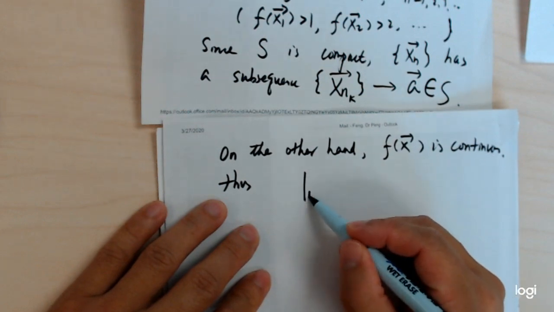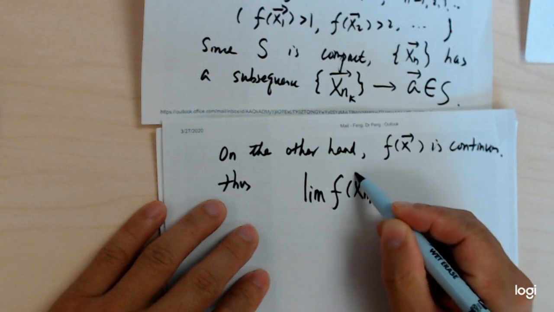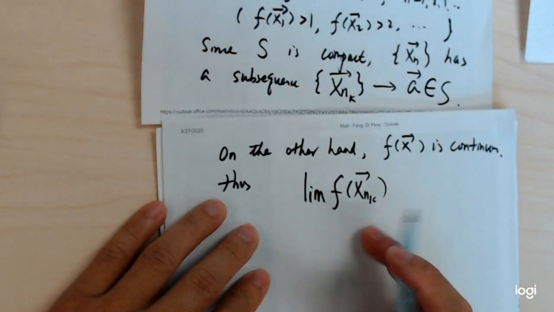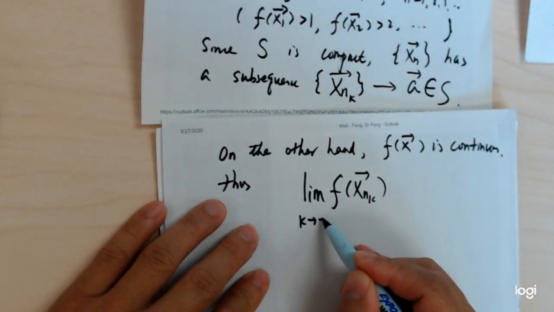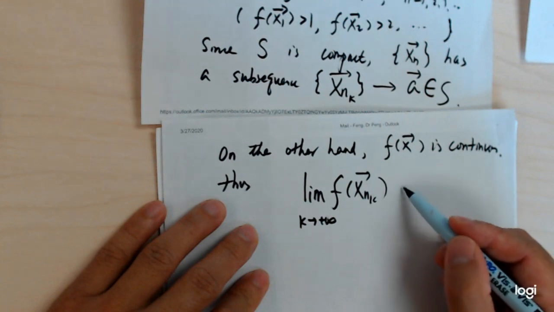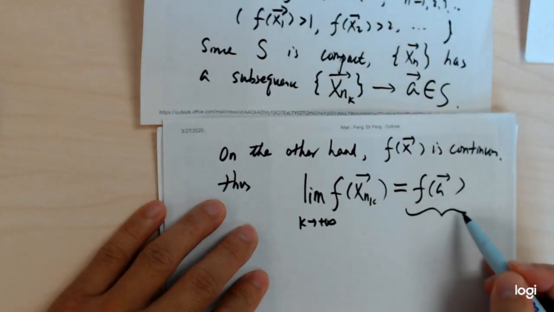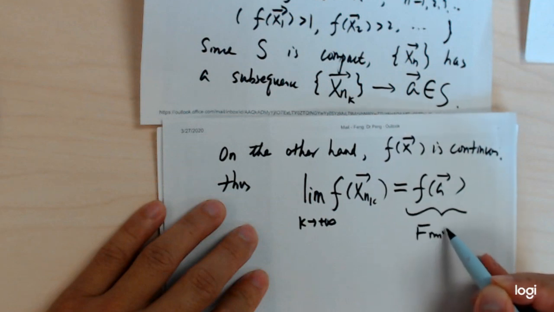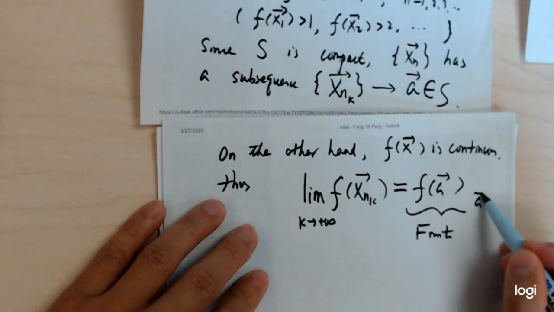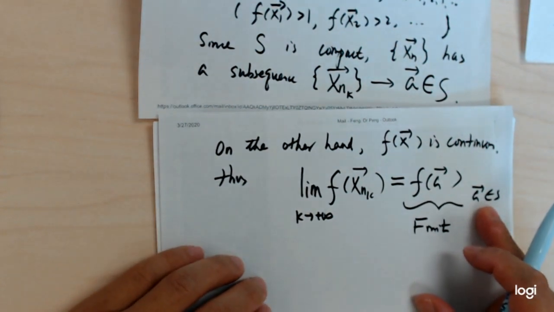Thus, the limit of the function's value at that subsequence, letting k go to infinity, which is equivalent to n_k going to infinity, has to equal f of a. Now f of a is a finite number because a is part of S. So the function's value at this point is well defined. It's finite.